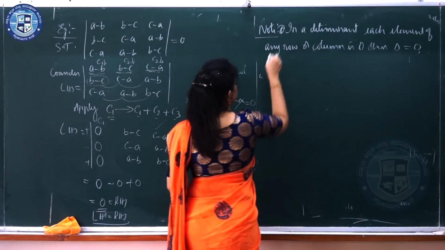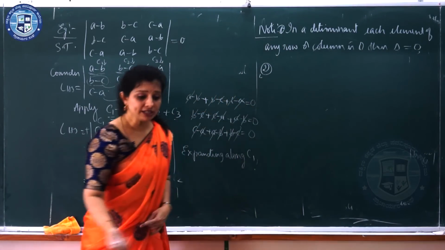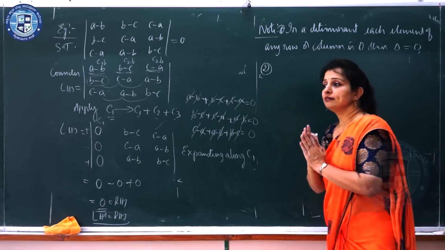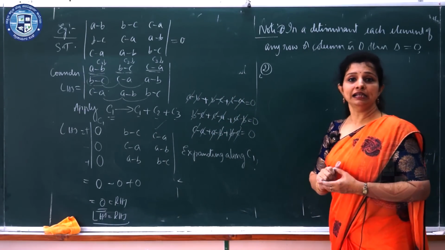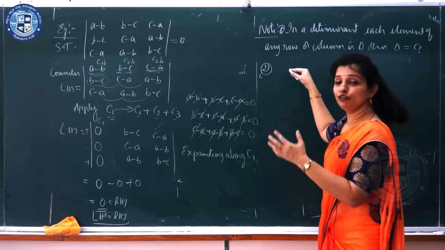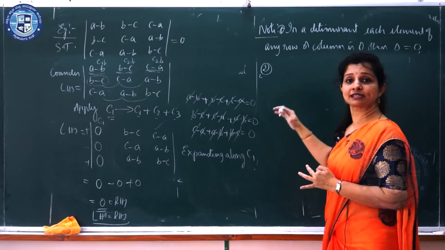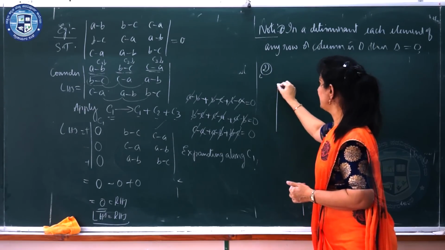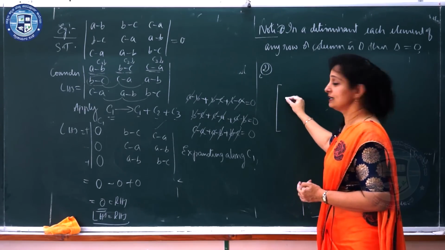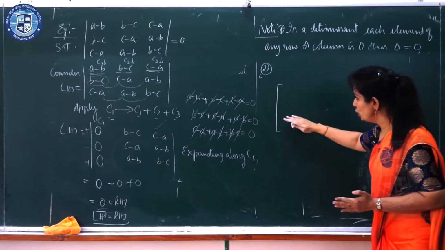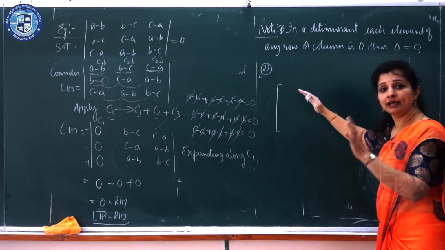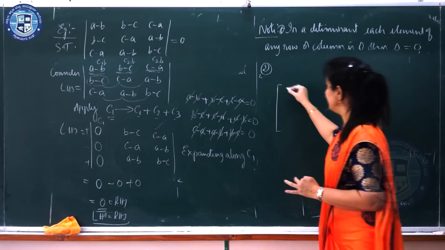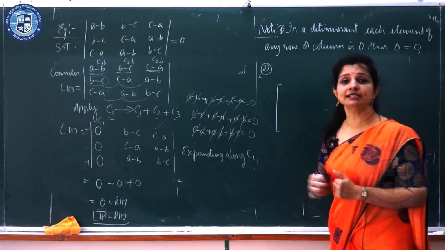That is a note you have to take down. Note 1. Similarly, note 2. What if the given determinant is a diagonal matrix? What is a diagonal matrix? You know, it is a matrix with the elements on one side of the principal diagonal all zeros.